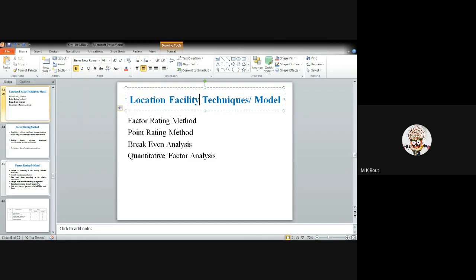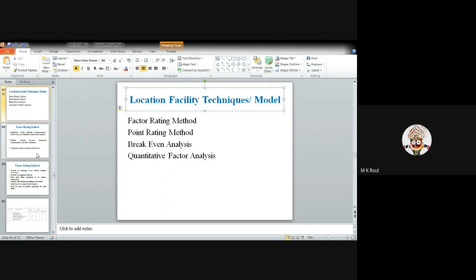Is it clear? Yes, sir. Okay. So in the next slide, do not note down these theories because I have already provided the slides. This is the review of these techniques, especially with reference to facility location techniques. I'll elaborate how the factor rating should be implemented in the present scenario, especially with reference to manufacturing industries where production is very much concerned.